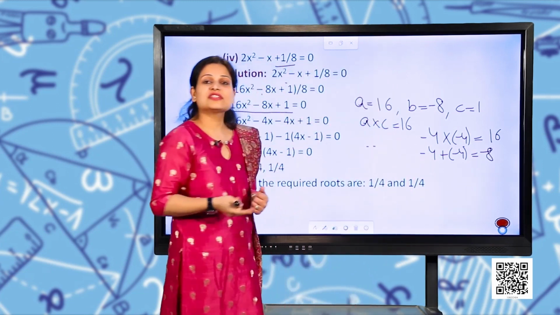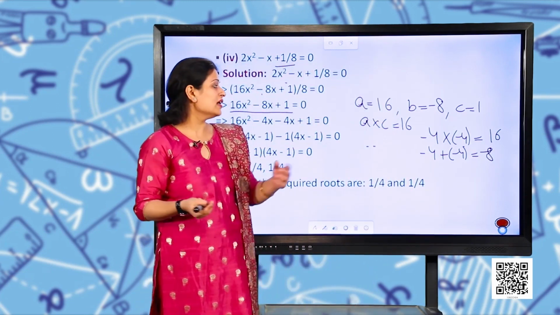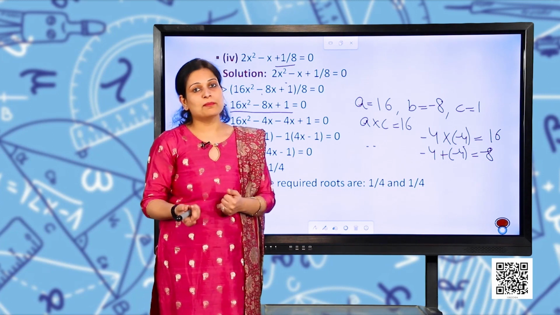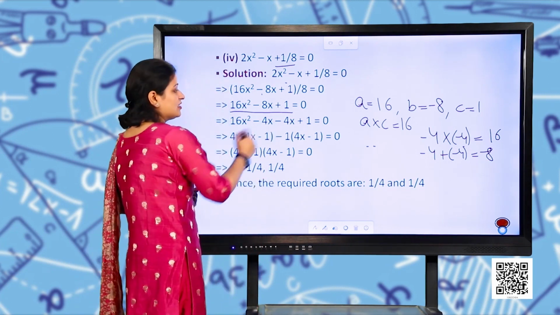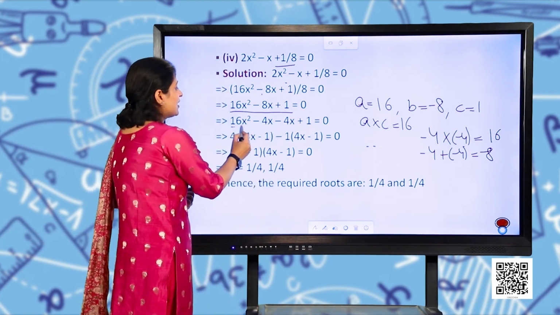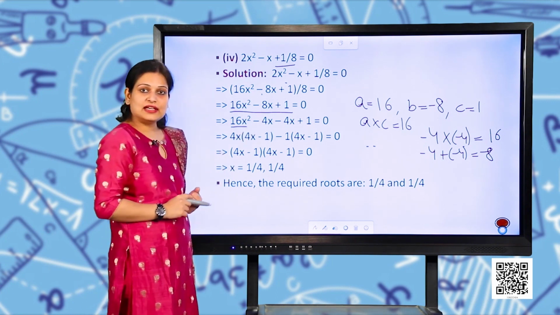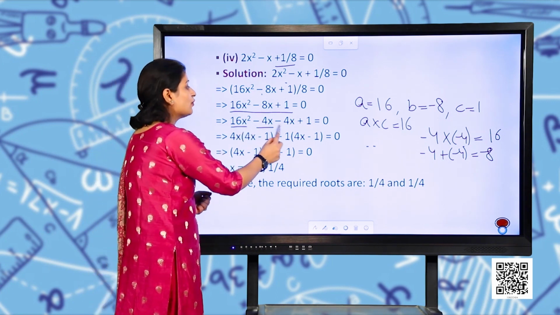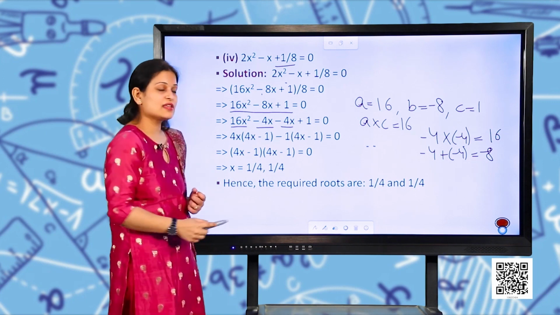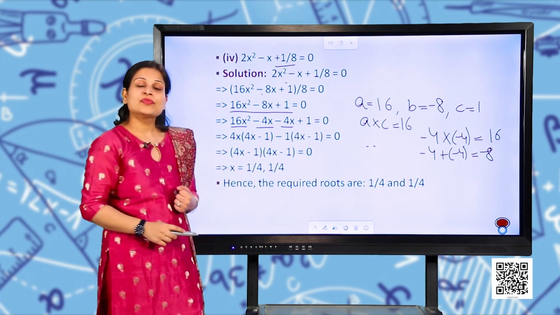So, the two conditions are satisfied with the two numbers minus 4 and minus 4. So, you can rewrite this equation as 16x square, and instead of minus 8x you can write minus 4x minus 4x, plus 1 equals 0.